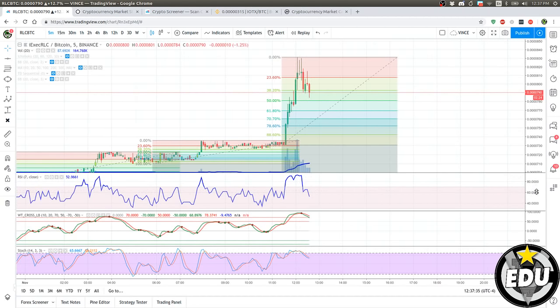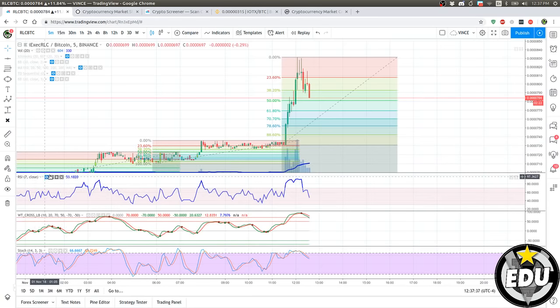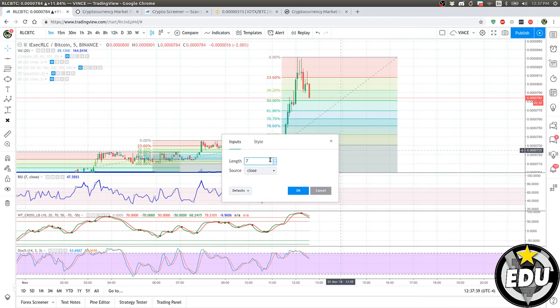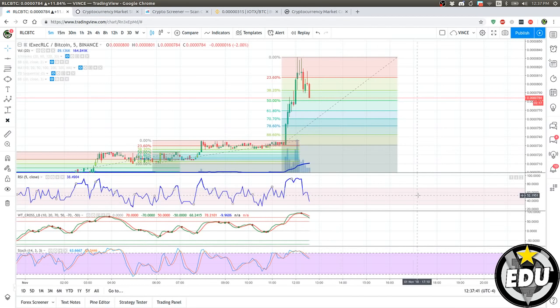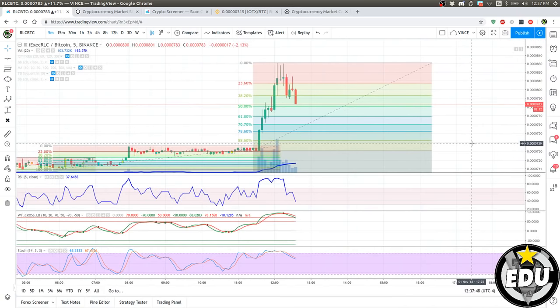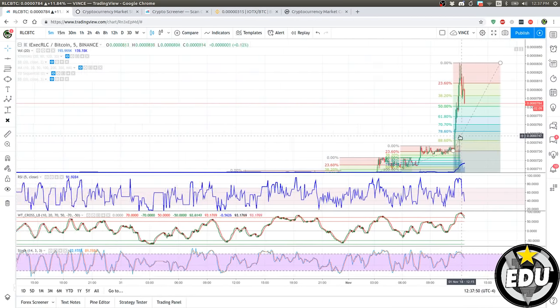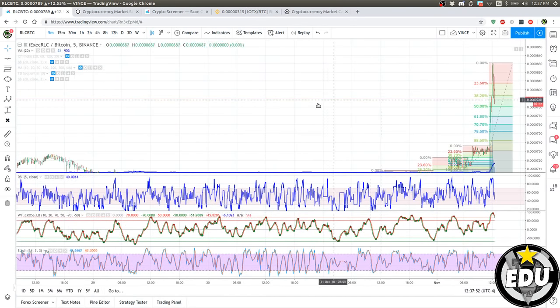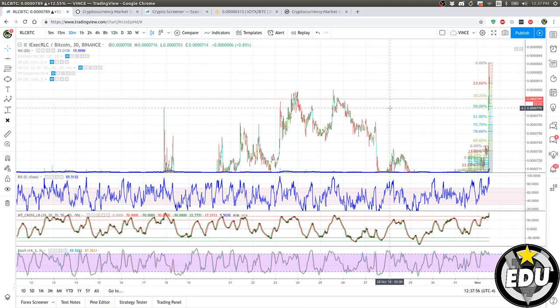RSI is dropping. This is RSI 7. Let's put 7, it's almost there. 50% bounce. We really don't have a previous support that we can see.